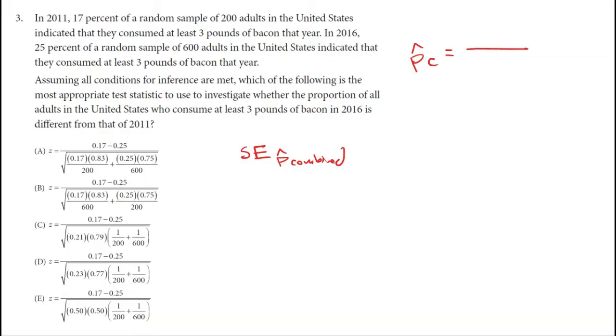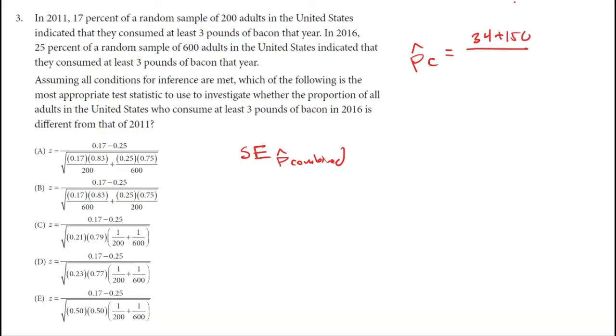So that would be in 2011, 17% of the 200 adults. So I got to do some math there. 17% of those 200 adults would be 34 who consumed that amount of bacon. And then in 2016, it was 25% of 600 adults. So 25% of 600 adults would be 150 people in 2016 that consumed more than 3 pounds of bacon.